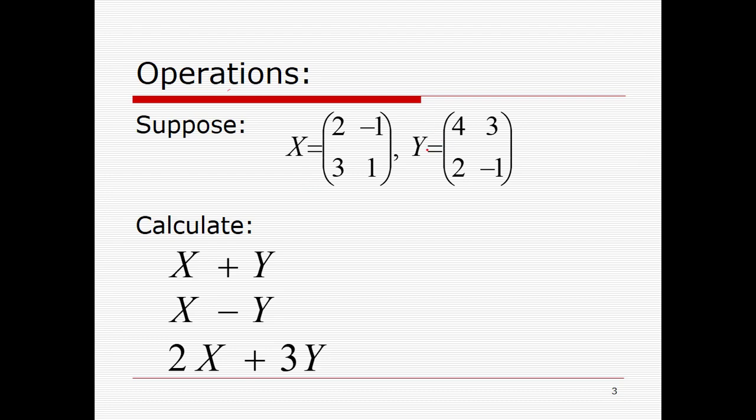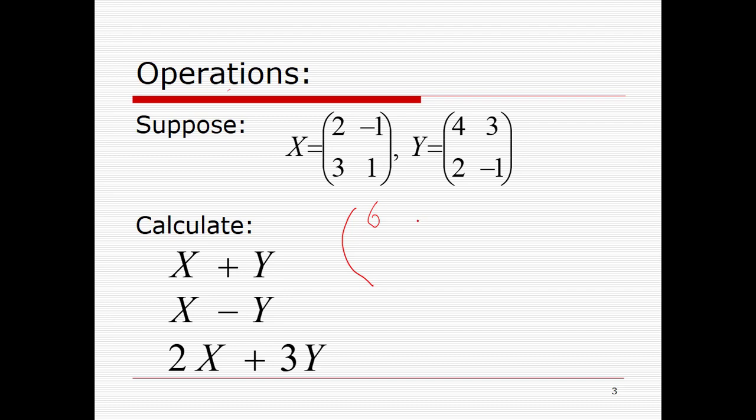If we have two matrices, we can do some operations on them. For instance, we can add two matrices. So if we add x plus y, it is quite straightforward. You just look for the similar positions. In this case, we have 2 and 4 on the same position, so 2 plus 4 becomes 6.